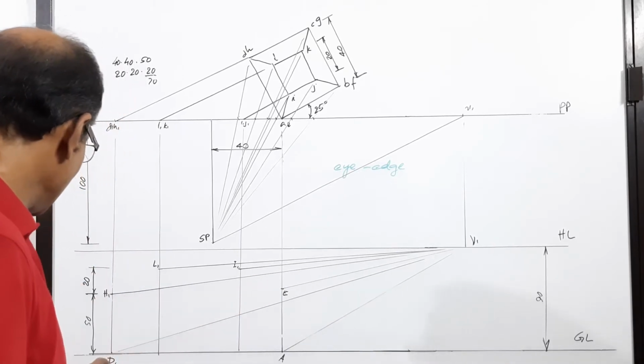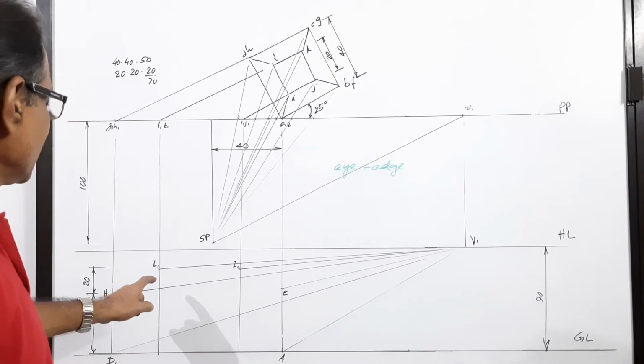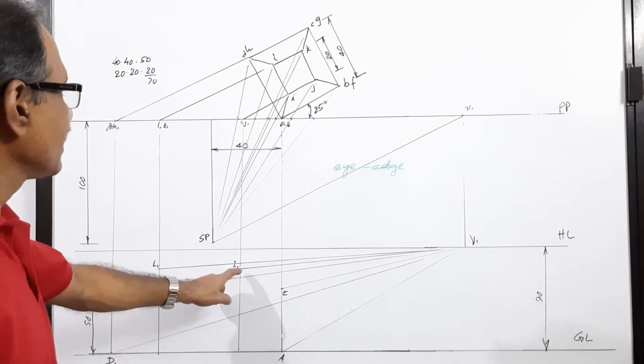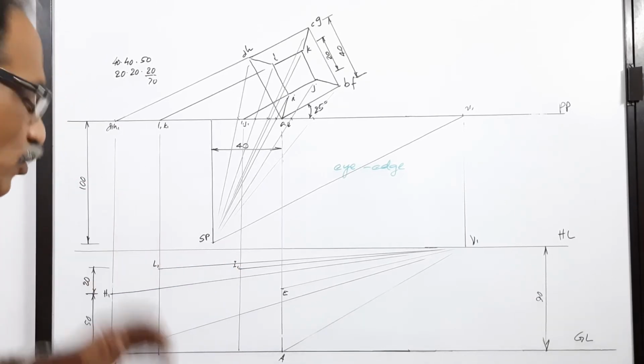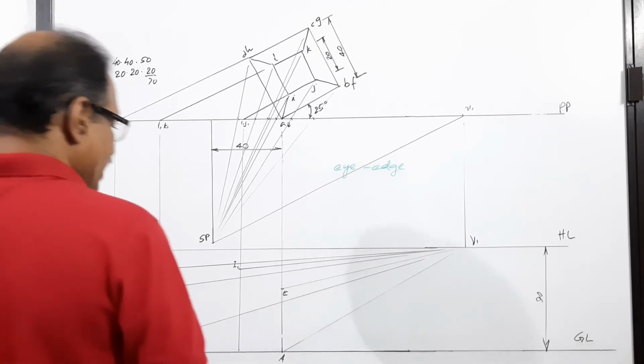A, E, D, H, L, I. Now we have to drop intercepts.